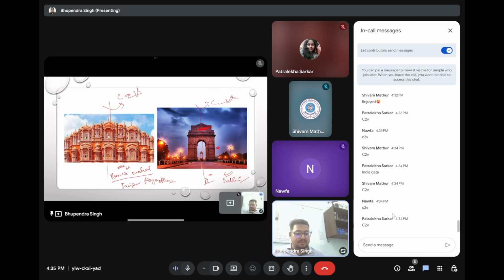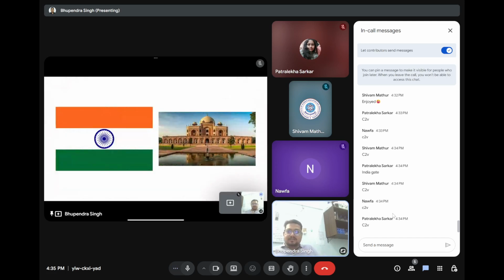I thought it is similar from all the sides, but this will be different, so it is okay. C2V. Tell me now. We have recently celebrated the 79th Independence Day. So here our Indian logo is there. Tell me the point group of this Indian logo.